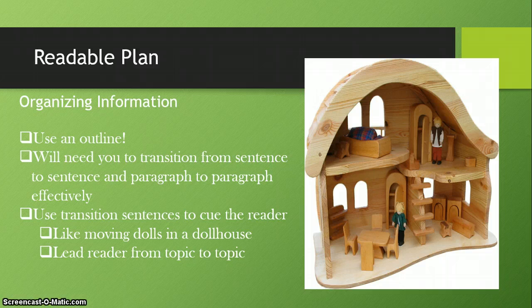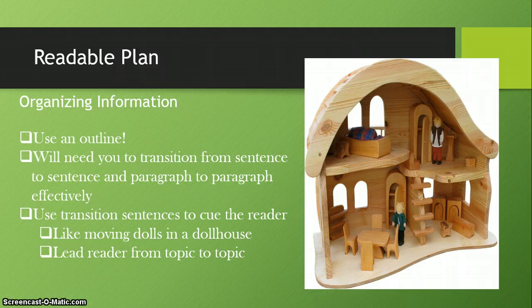The way I like to explain it is the dollhouse. If I were to take the doll on the second floor and just stick it right in front of that first doll on the ground floor, that doll from the second floor is going to be a little confused as to what it's doing all of a sudden on the first floor.